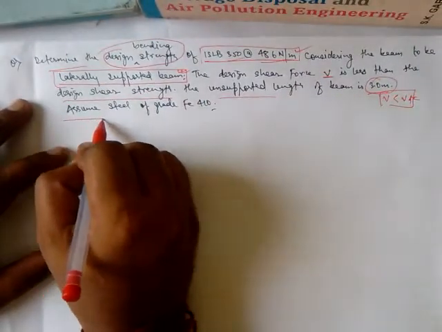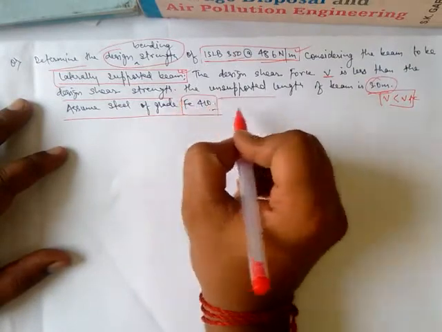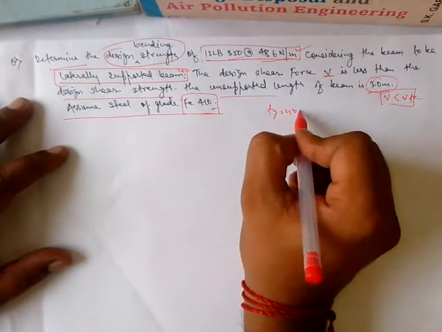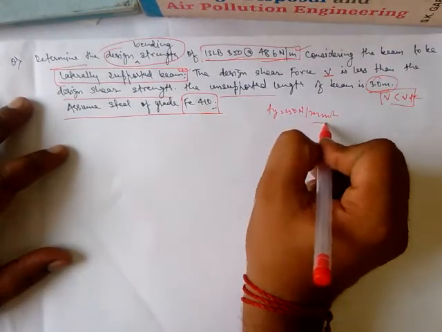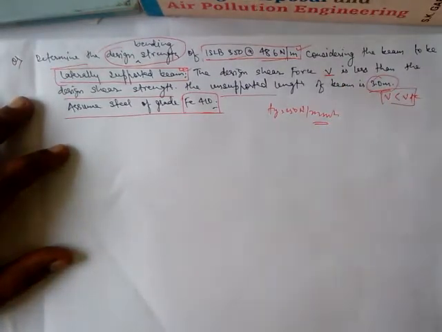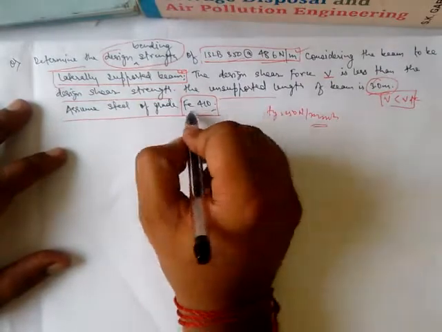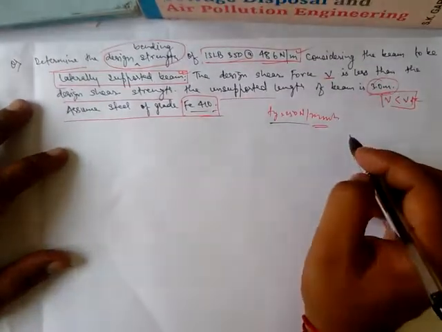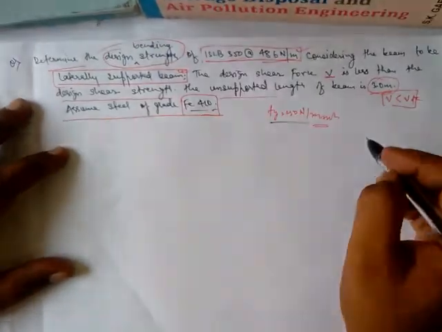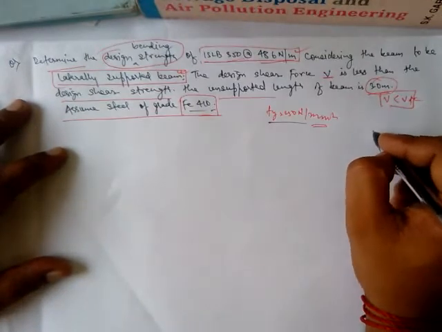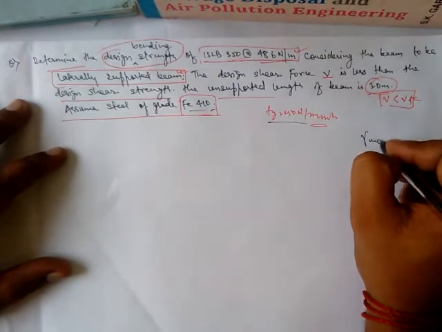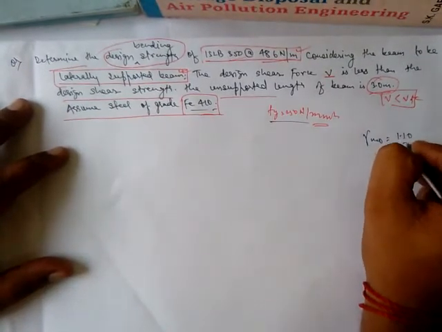Assume steel of grade Fe 410, means fy will be 250 N/mm square. So we have to take safety factor gamma m0 is equal to 1.10.